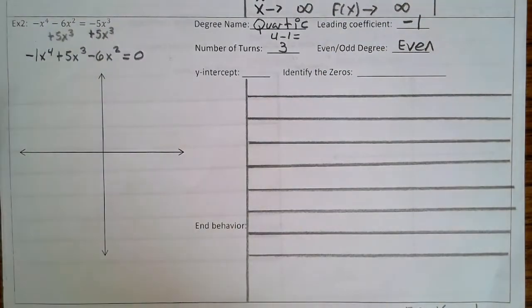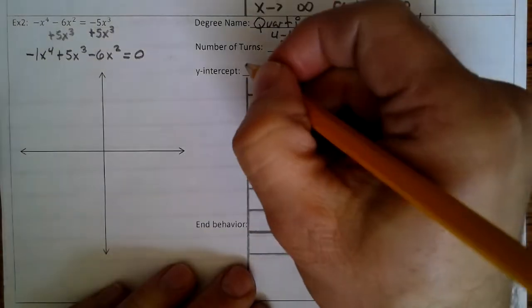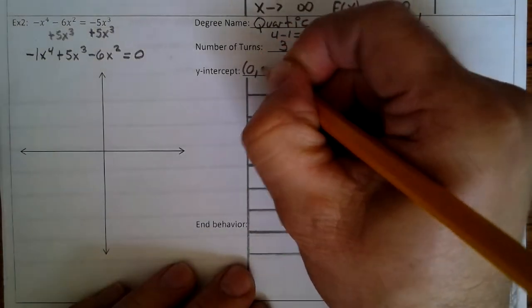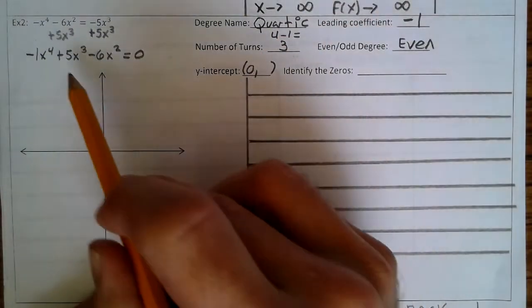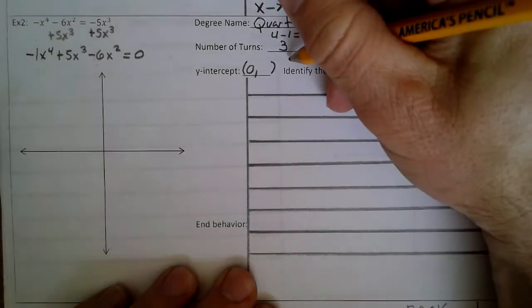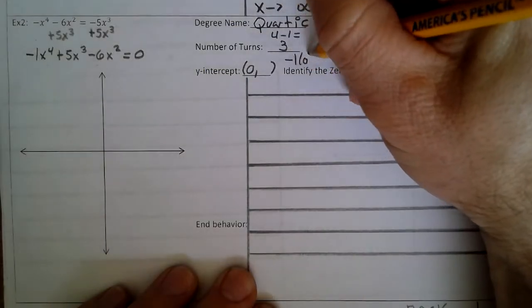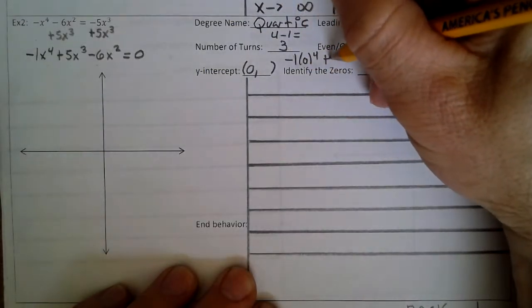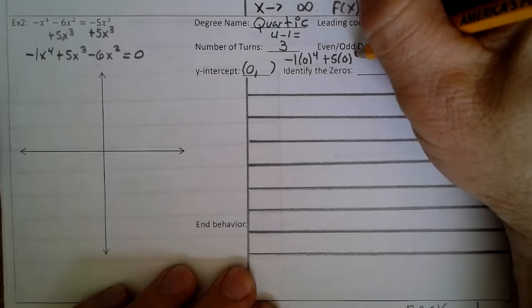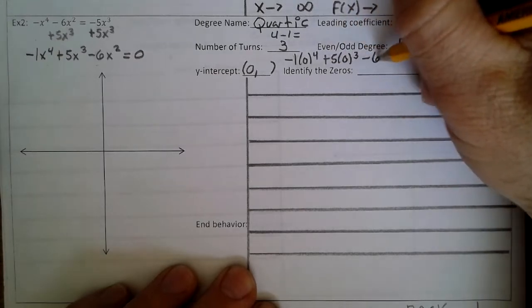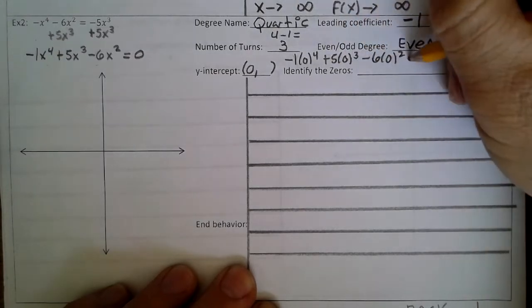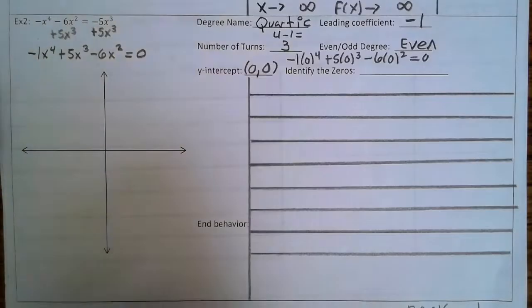All right, so at the y-intercept x is 0, so we need to substitute 0 in for each of the x's. So that's -1 times 0 to the 4th plus 5 times 0 cubed minus 6 times 0 squared, which equals 0. So we have that at 0.